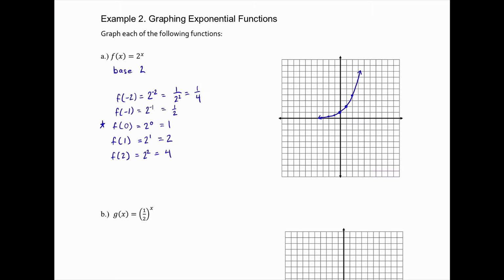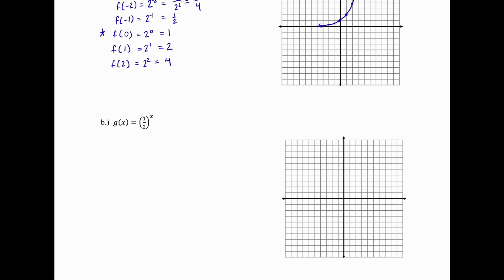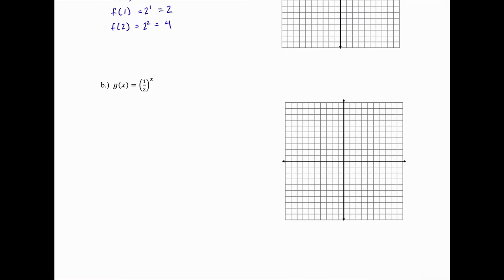Now let's look at what happens when we have a base that is a fraction. So the main points that we're really going to need to work with are just the points right around the origin. And then we can really use transformations just like we have before to go ahead and work with the rest of the graphs. So I'm going to just do g of negative 1, g of 0, and then g of 1.